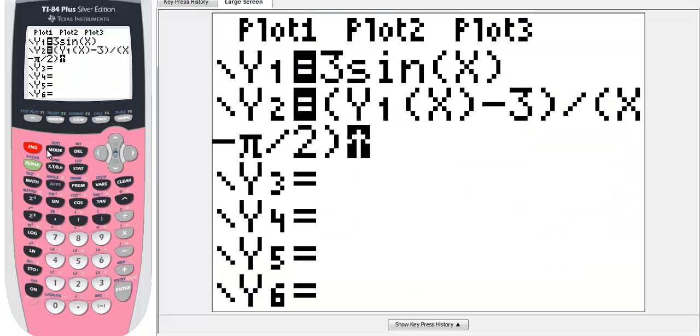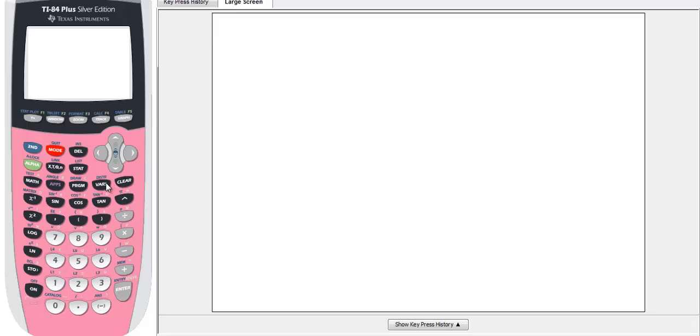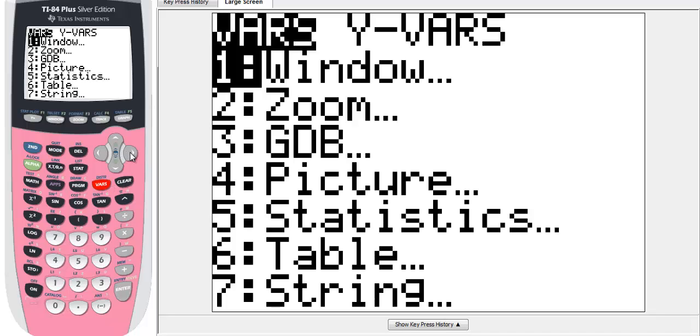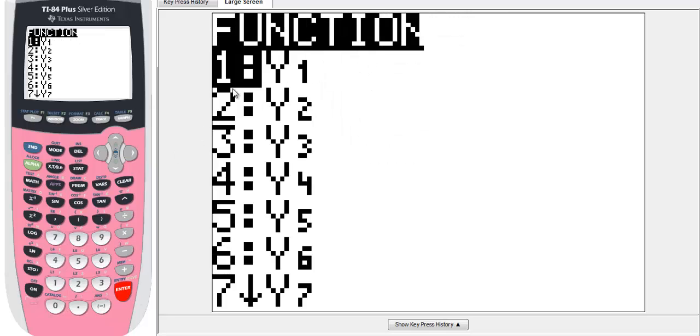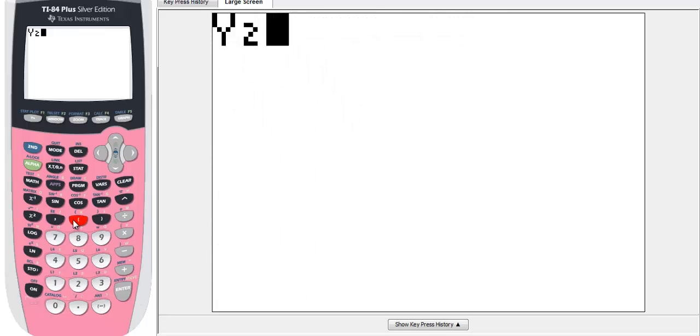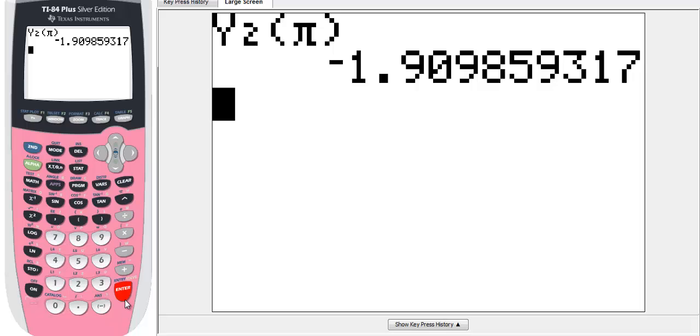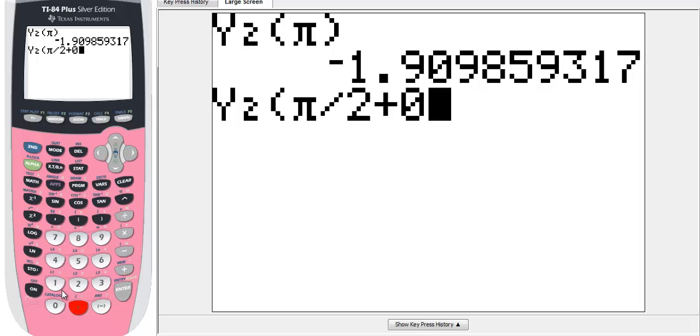Also notice this, once I back out of this and hit quit, I'm going to go vars to y vars, which is variables to y variables, function, but this time I'm going to select the second one, and the first one I'm going to do is at pi. Helps to type it in right. So I got that one. Now I'm going to do second enter to bring it back up, but now I'm going to do divide by 2 plus 0.1.